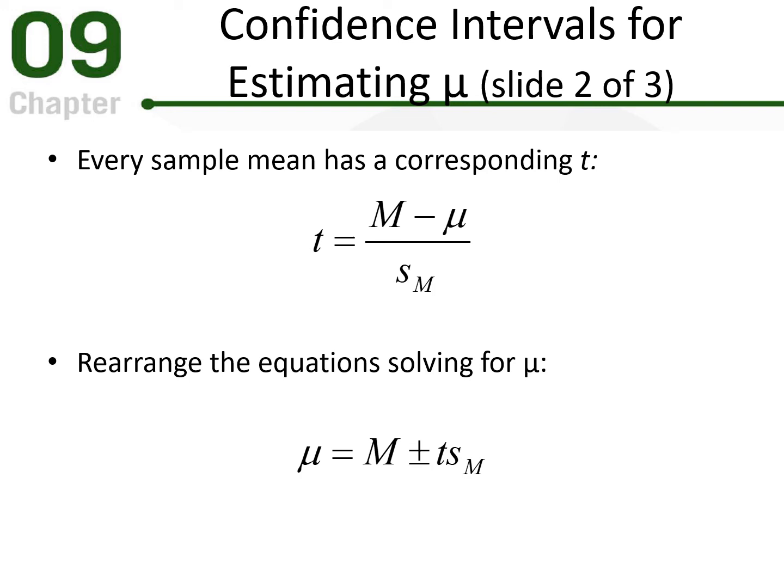And this is how you're going to calculate the confidence interval. You just rearrange it into the second formula. So mu is the mean of the sample plus or minus t times the standard error of the mean. And the t here is the critical t, so it's basically the value that's associated with whatever confidence level you're looking at.